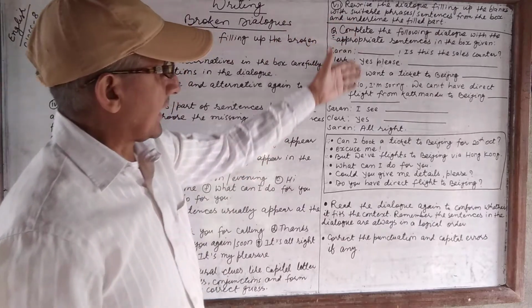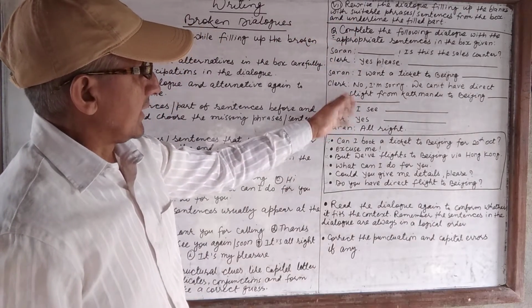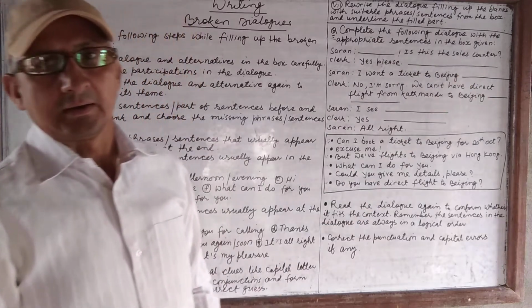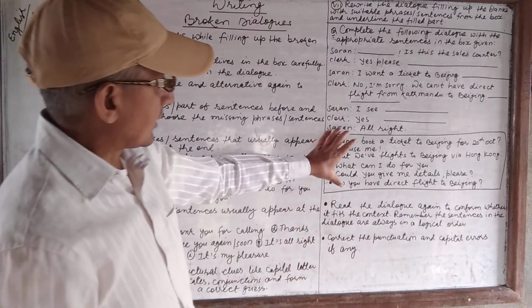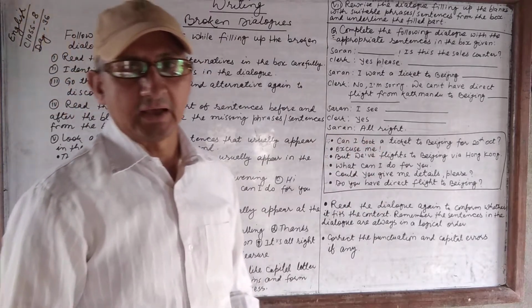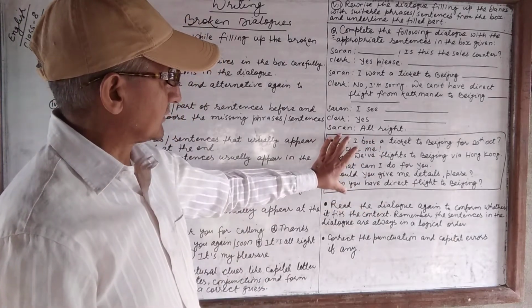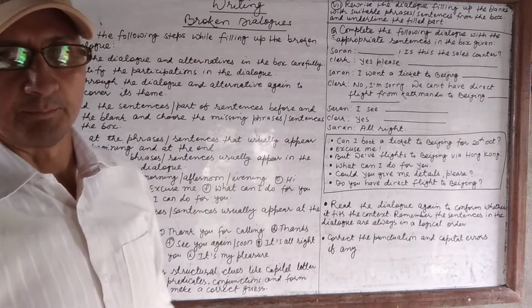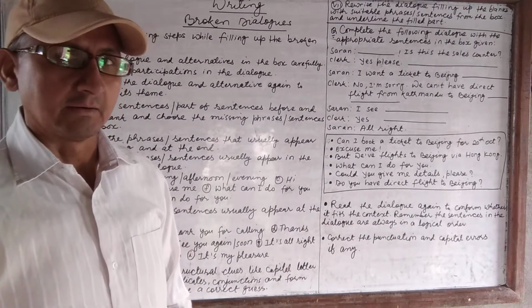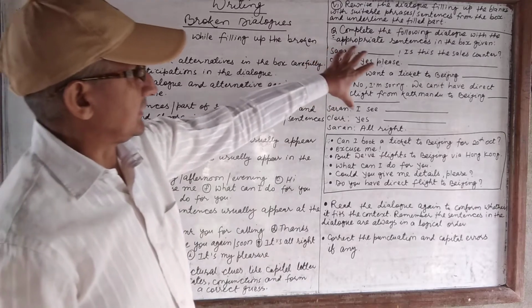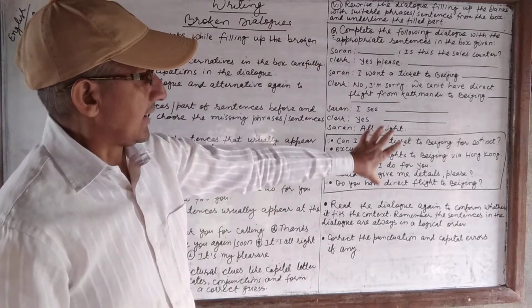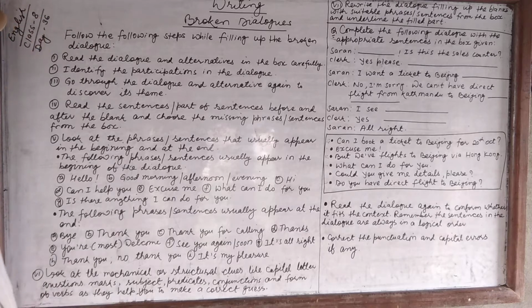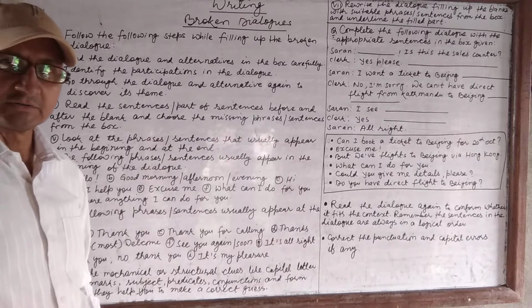You are given a dialogue and there are blank spaces in the dialogue, and there are alternatives below the dialogue. With the help of the alternatives, you have to fill up the dialogue. You have to complete the incomplete dialogue. So first you have to read the incomplete dialogue and the alternatives given in the box carefully.